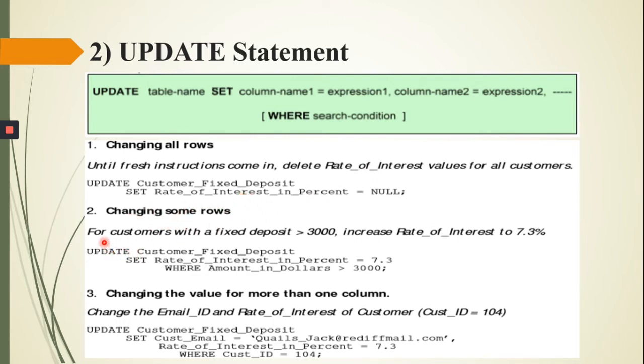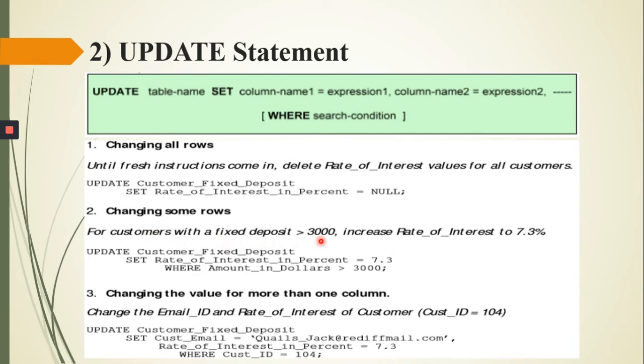For customers with a fixed deposit greater than 3,000, change the rate of interest to 7.3%. So we have to increase the rate of interest to 7.3%, but we have to satisfy the condition that the customers have a deposit greater than 3,000.